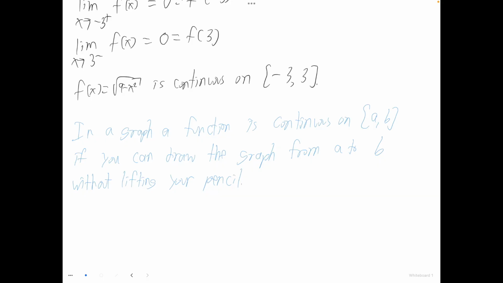Now, this is obviously not a very technical idea, but this is a good way to check from a graph if you're continuous on an interval or not.